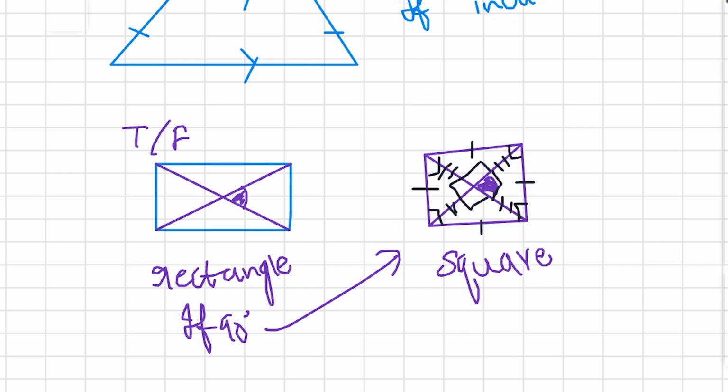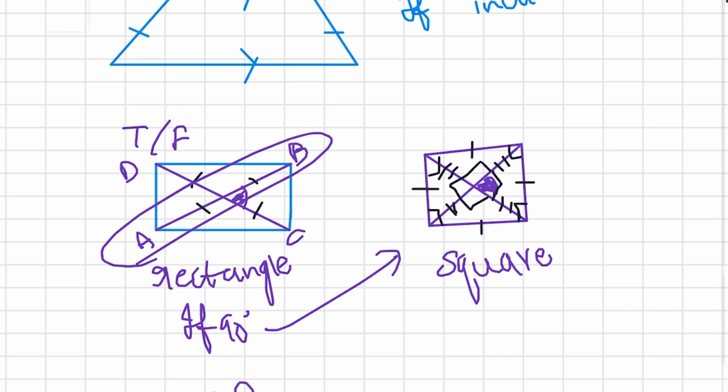For a rectangle, the diagonals are not perpendicular. I meant for a rectangle, the diagonals are congruent. The diagonals are equal, so AC is equal to BD.